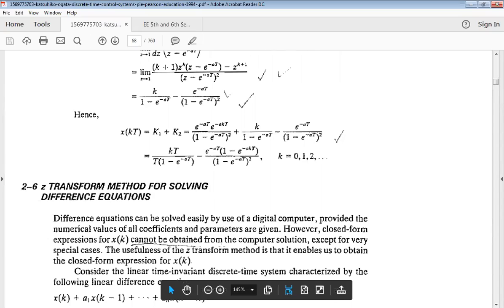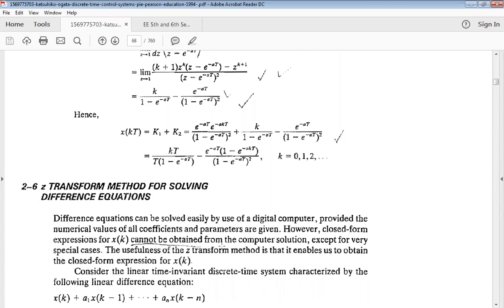Again, I already taught you in the continuous control system, the relationship between the input and output is generally expressed in differential equation.